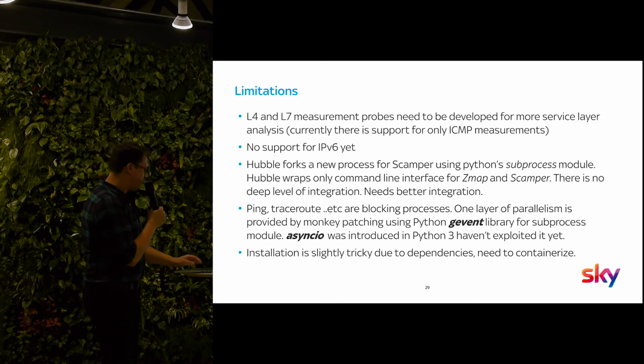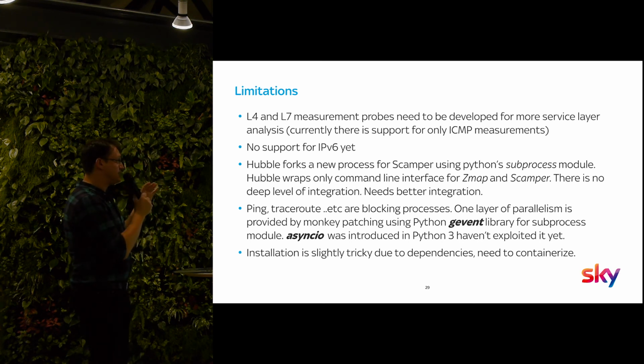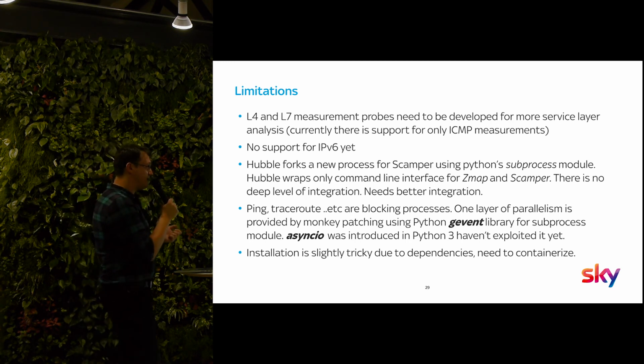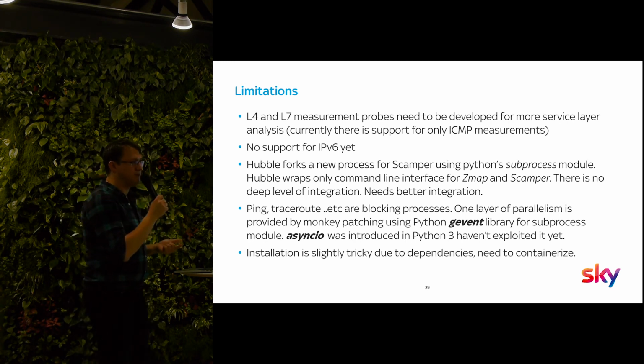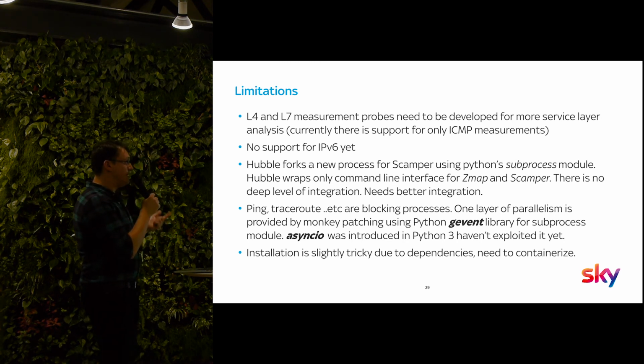Before limitations, or maybe after limitations, I'll briefly show the live version. At the moment it's just doing the layer 3 probing, and there is no support for IPv6 yet, because I didn't have very much time to spend on this project after I deployed it.